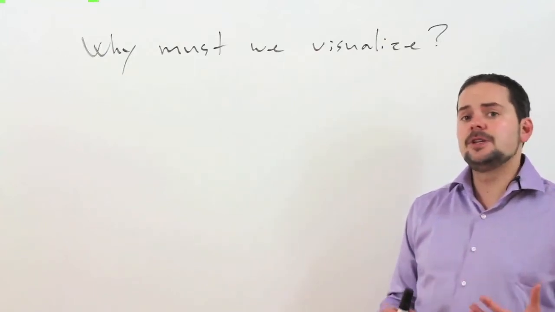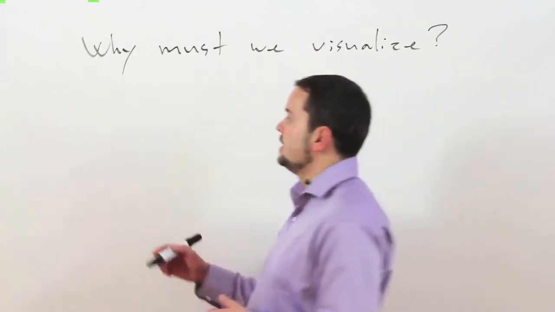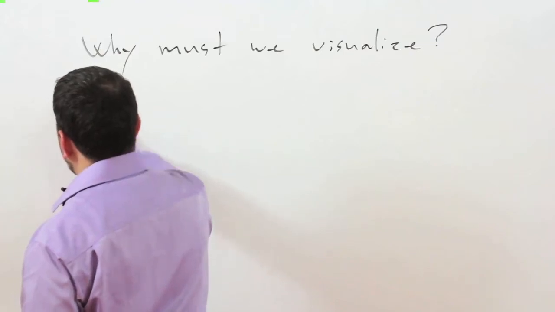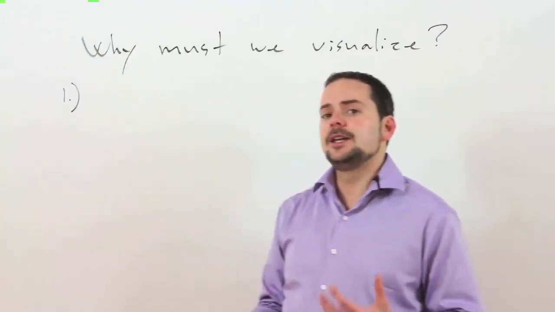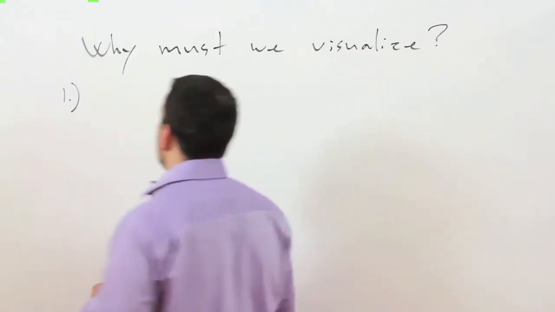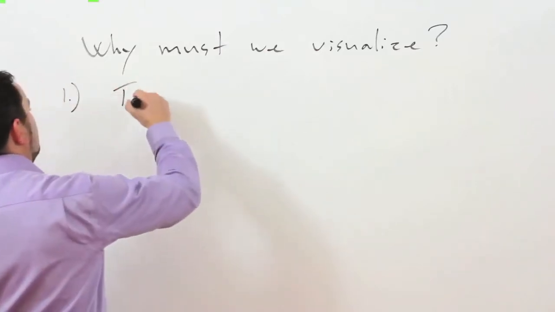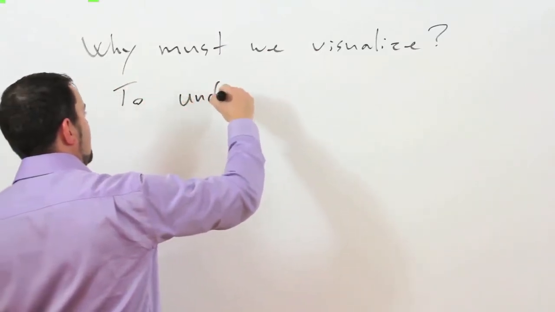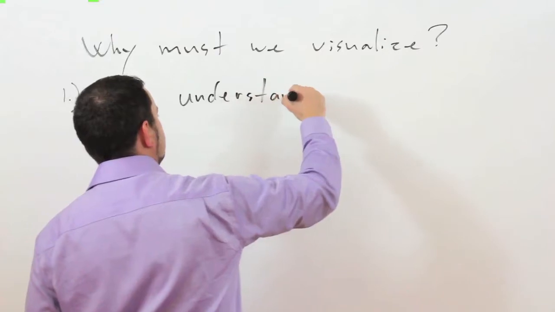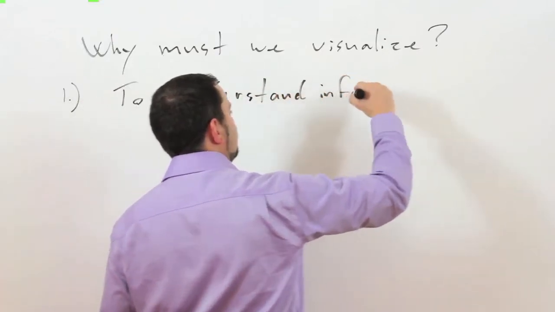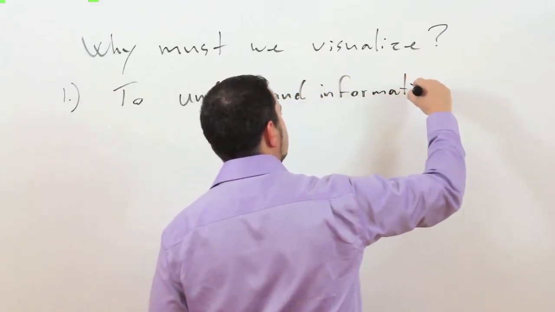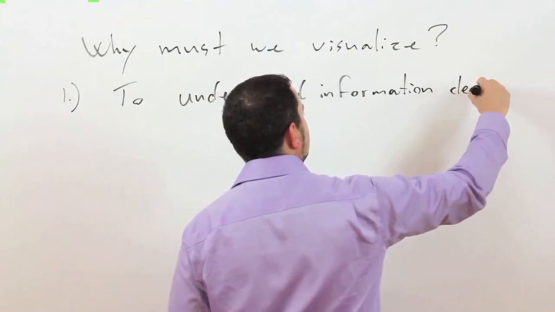Now, the first reason why it's really important to try to see information is so that we can understand information clearly. So we visualize to understand information clearly.